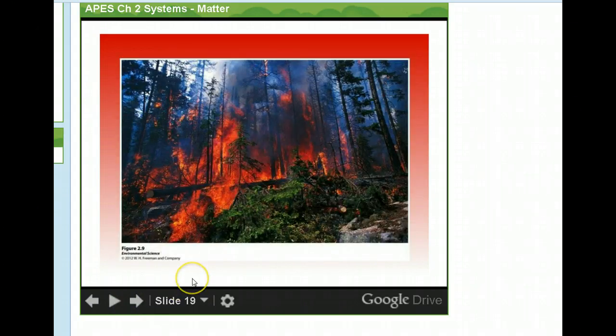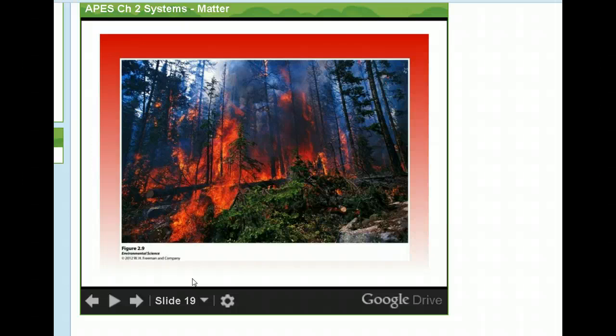For example, when you have a forest fire, you have all that nice carbon-containing cellulose in the trees. That cellulose, which has a lot of carbon, hydrogen, and oxygen, changes form from one big long chemical molecule into smaller pieces, which would be carbon dioxide and H2O and anything else that might be in there.